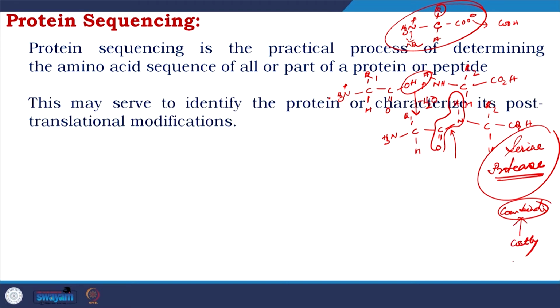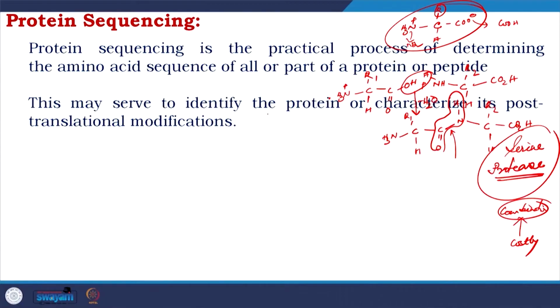So, this may serve to identify the protein or characterize its post-translational modification. I did not talk about it, but I will try to explain when I go into the protein part. The protein is synthesized in the ribosome by covalently linking the amino acids, but after the process of synthesis, which is called translation, is performed, there are enzymes in the cell, in the body, which could modify the protein.